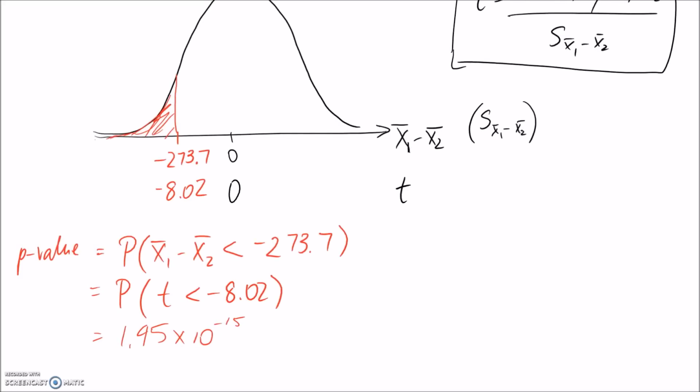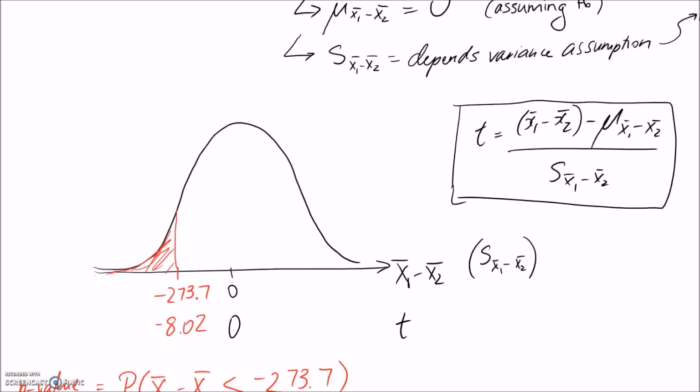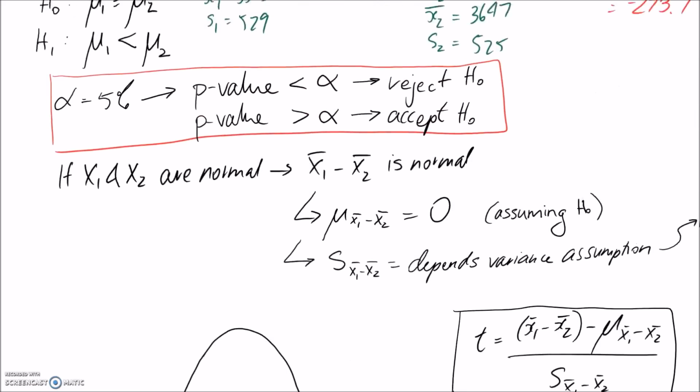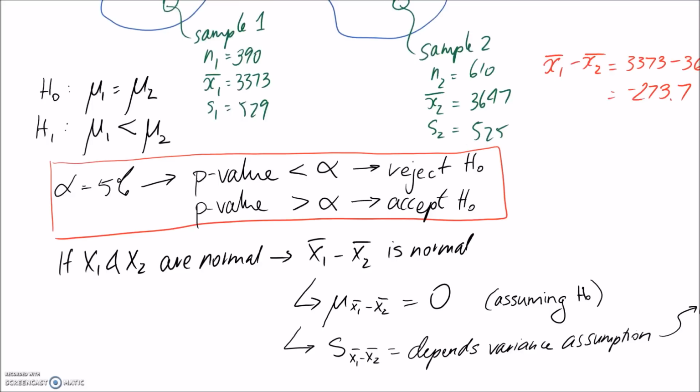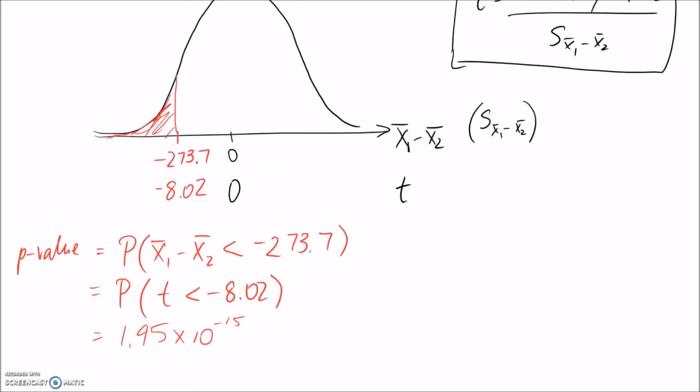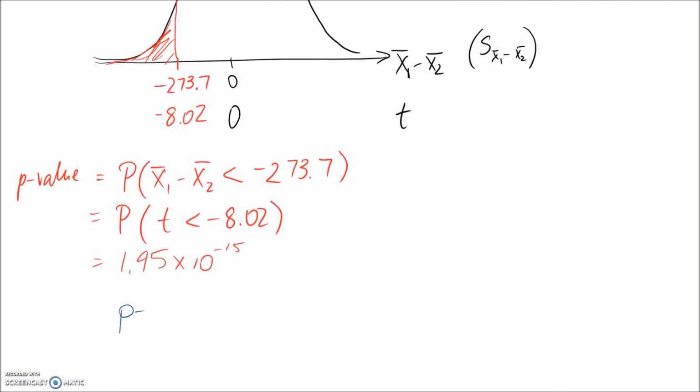Right, so now that we've found the probability of this event occurring or something more extreme, i.e. the p-value, we can go back and look at our criteria for a decision. We said that if the p-value was less than alpha, we would reject the null hypothesis. That's exactly what we've got. Our p-value is incredibly small, 1.45 times 10 to the negative 15. It's less than alpha, which expressed as a decimal is 0.05.